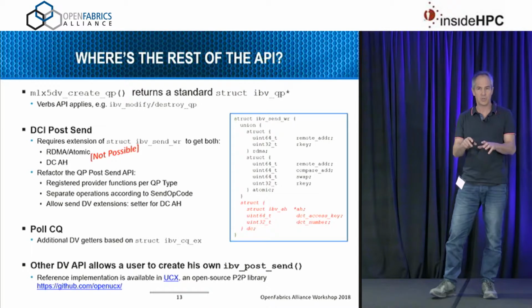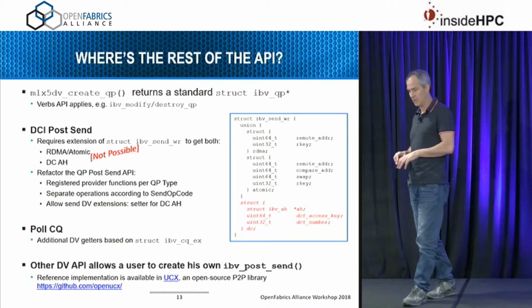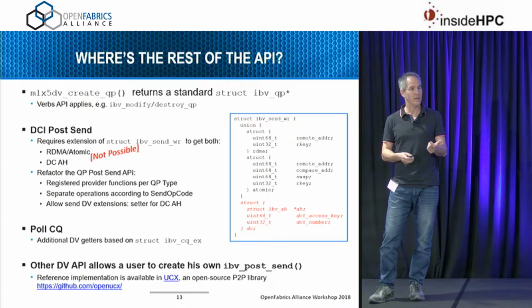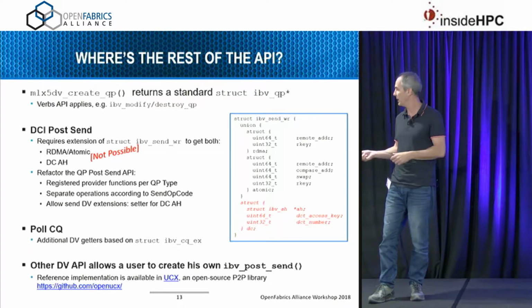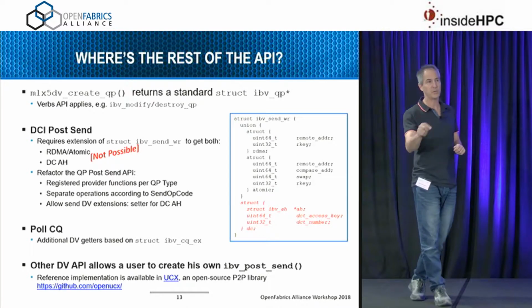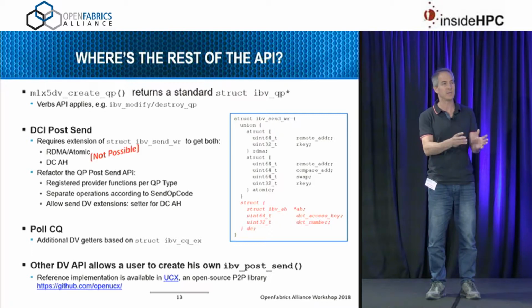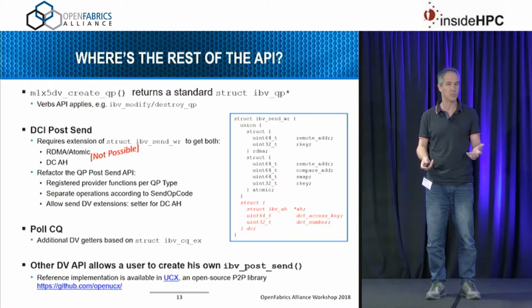And we can switch for send operations, and we can properly define the variables each send operation will have. Once we do this refactoring, we can also allow vendor-specific attribute setting in parallel to the standard send opcodes per QP type.